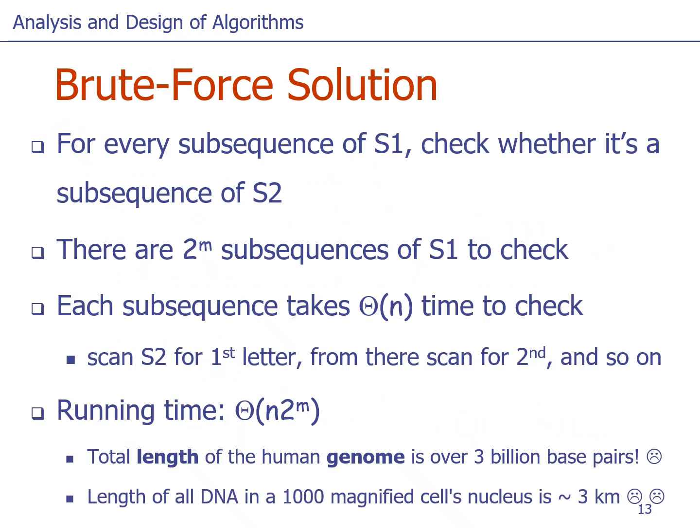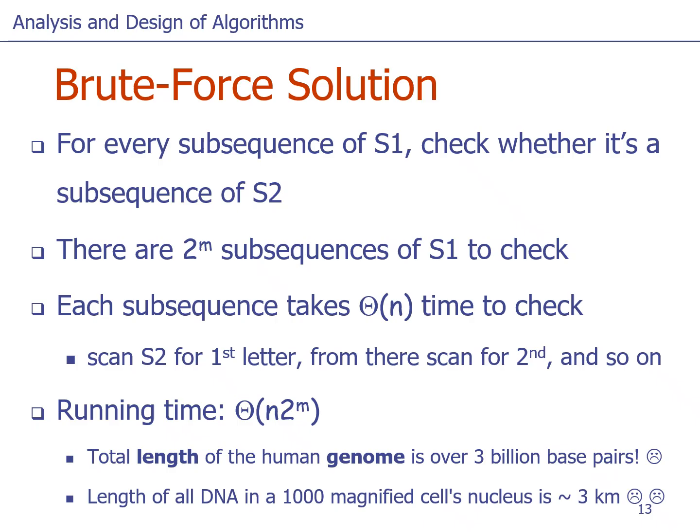So let's think first of the brute force solution before we start thinking about the DP solution. So what is the brute force solution? Well, that should be straightforward. What you're going to do is generate all possible subsequences of S1 and check whether each exists in S2. Now the problem is, thinking about it this way, there are so many subsequences of S1.